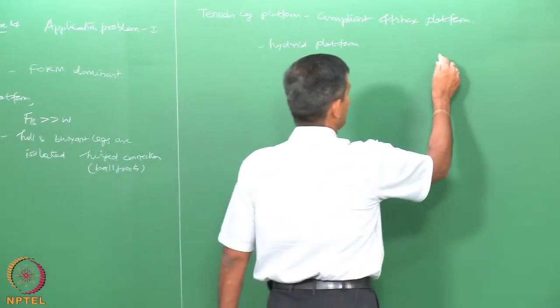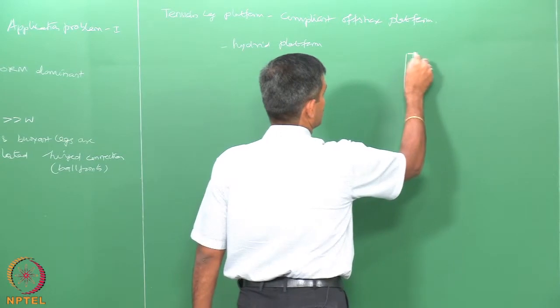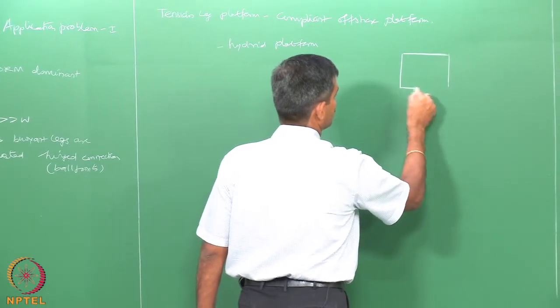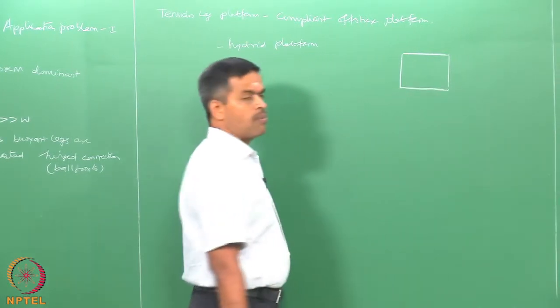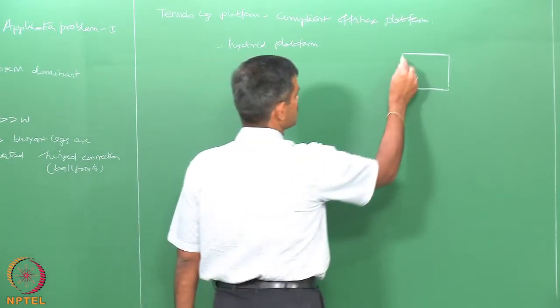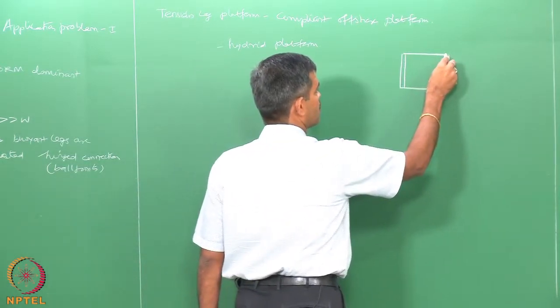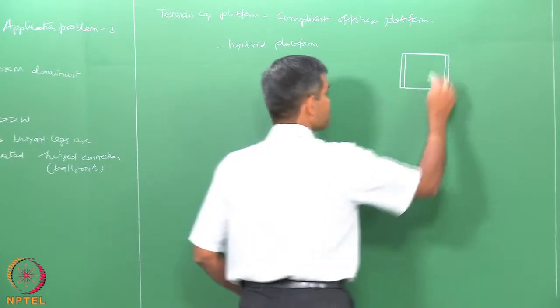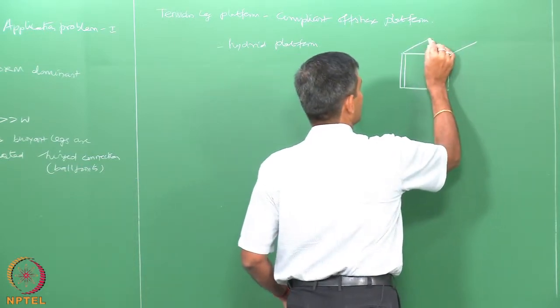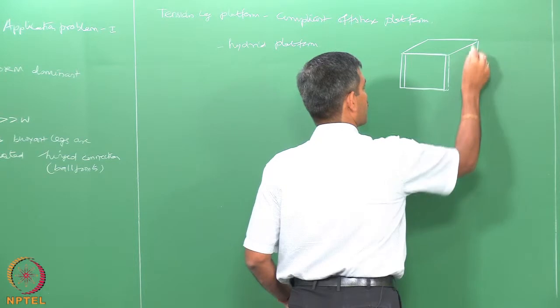Okay. So, let us say I have a platform that consists of pontoons and column members. Let us say these are all column members. Let us assume a rectangular platform in shape.